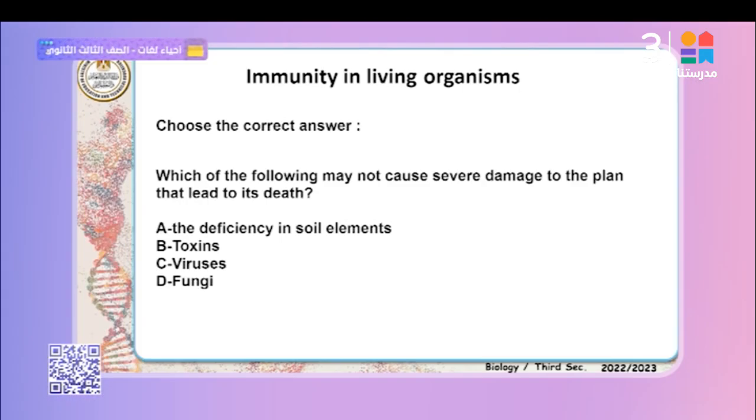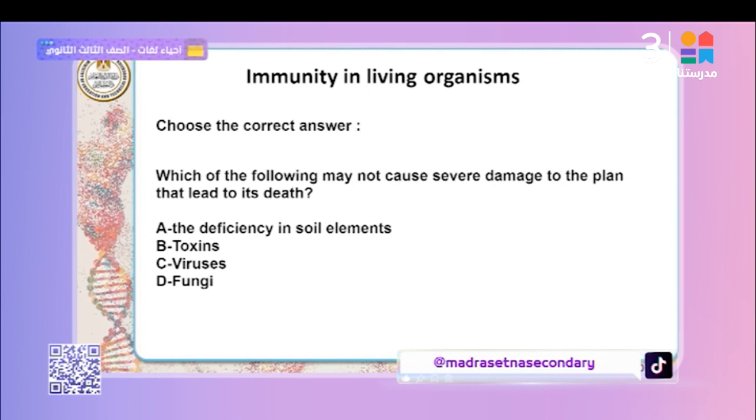That's right. Okay. Now we are going to focus on these questions to help you understand. Which of the following may not cause severe damage to the plant that leads to its death? Number 1, the deficiency in a soil element. That's the best answer. Why?